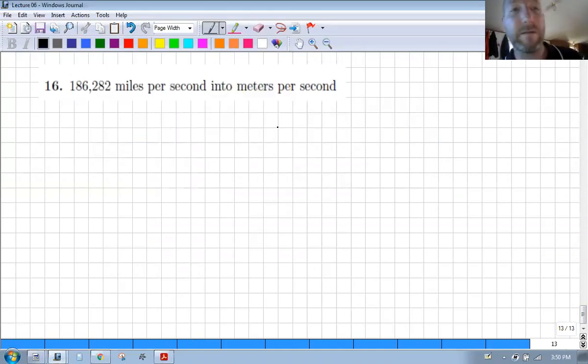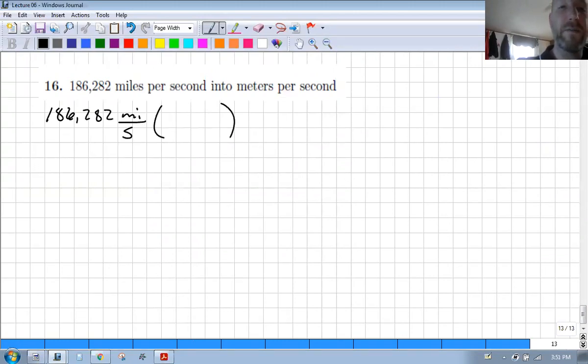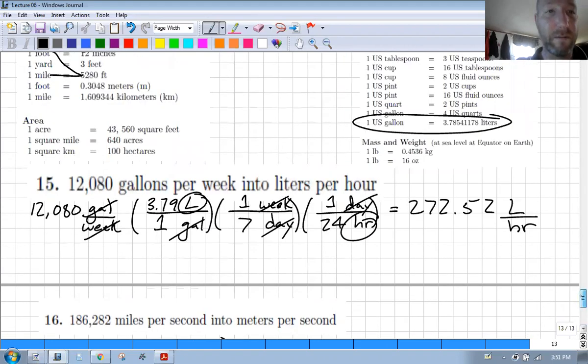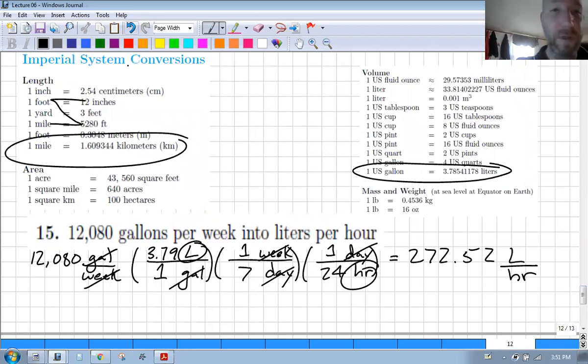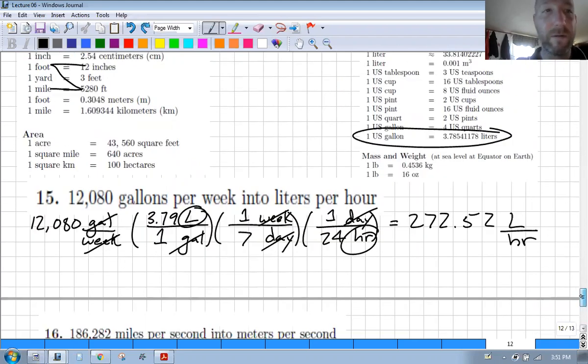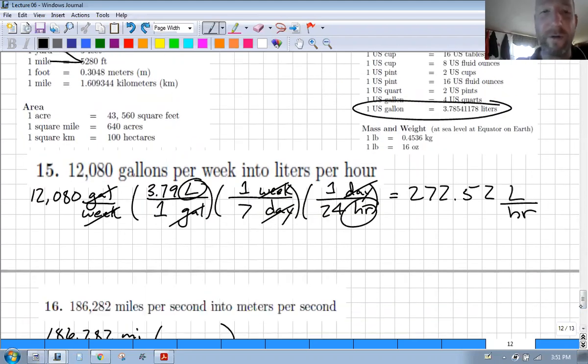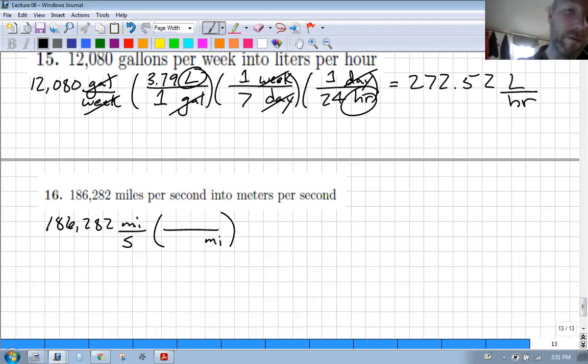All right, 186,282 miles per second into meters per second. We're going to keep the per second. We just got to get rid of the miles in favor of meters. I've got miles and kilometers, and then from kilometers I can go to meters. A mile is 1.6 kilometers, so I get rid of miles for kilometers.